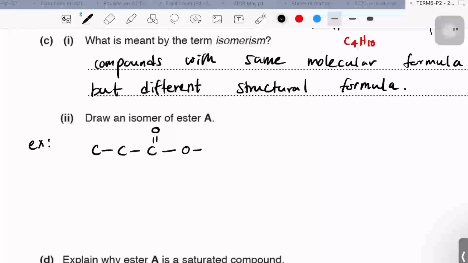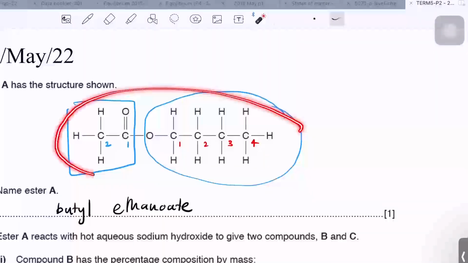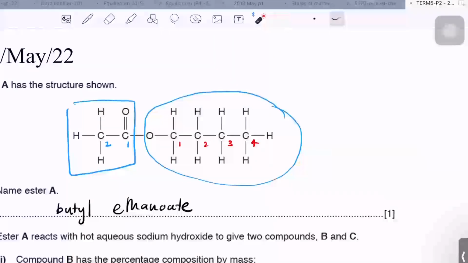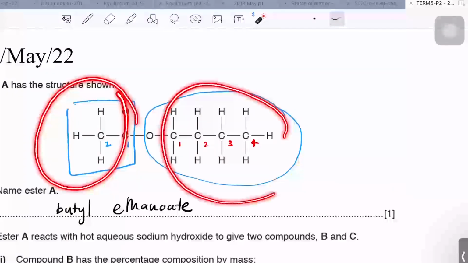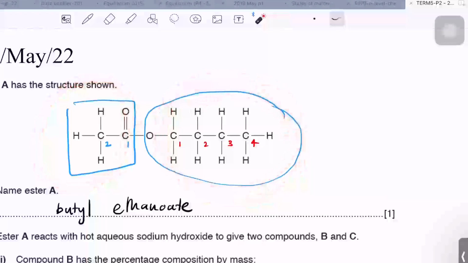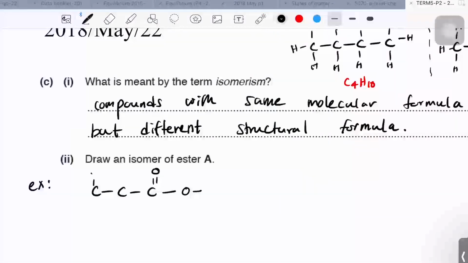Now in ester A, there are 6 carbons. So I have to draw another ester with 6 carbons. When I do this, I can put 3 carbons on the carboxylic side and 3 carbons on the alcohol side.